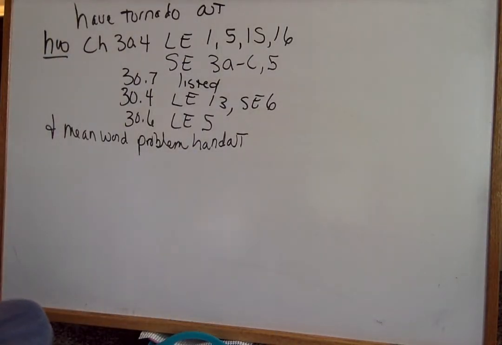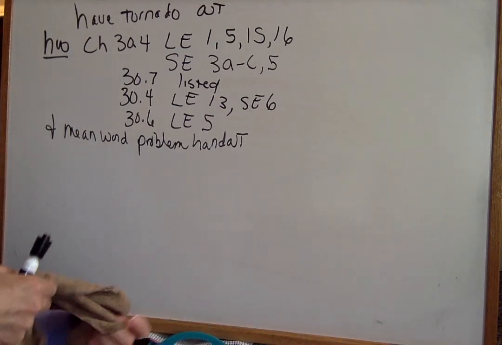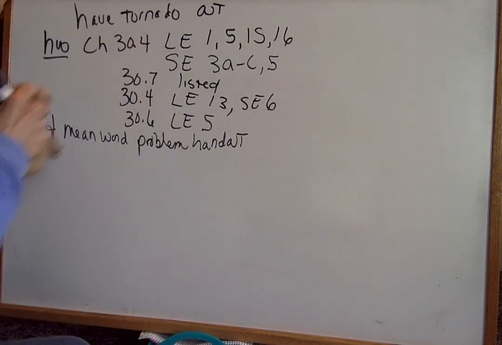All right. So we talked about histograms last time. And what I'm about to put on the board doesn't just hold for histograms. It could be stem and leaves or even dot plots.